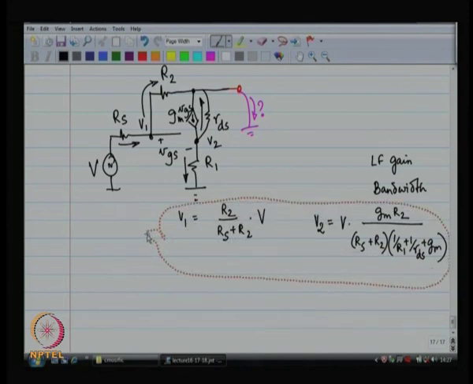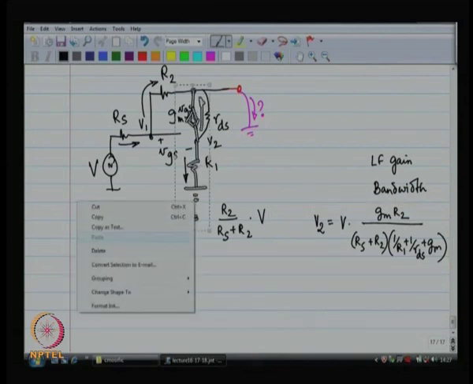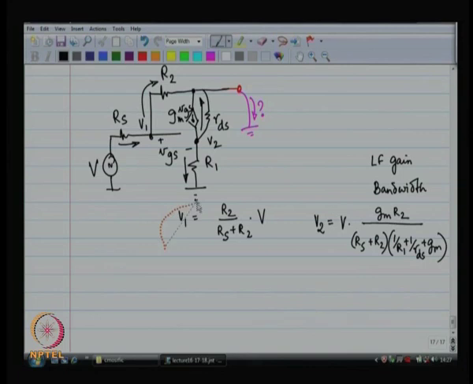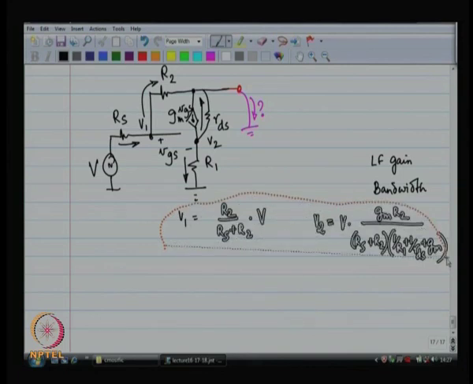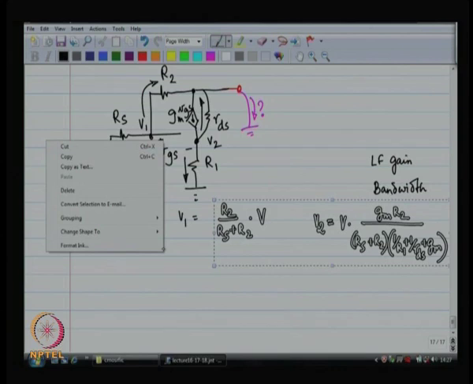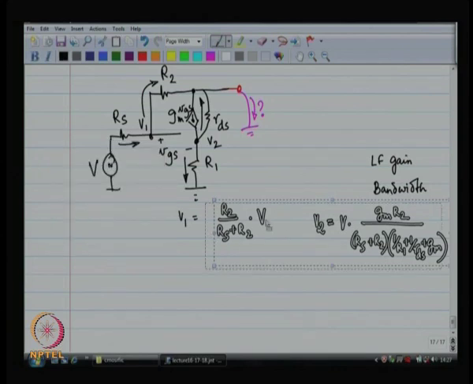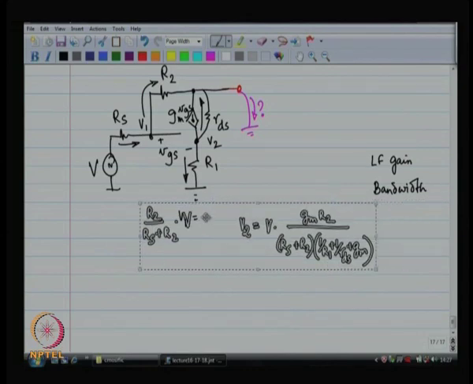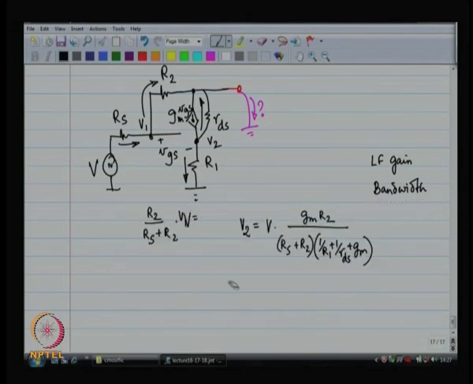What I am interested in is the short circuit current, right. So, the short circuit current is going to be how much? It's going to be V1 by R2.